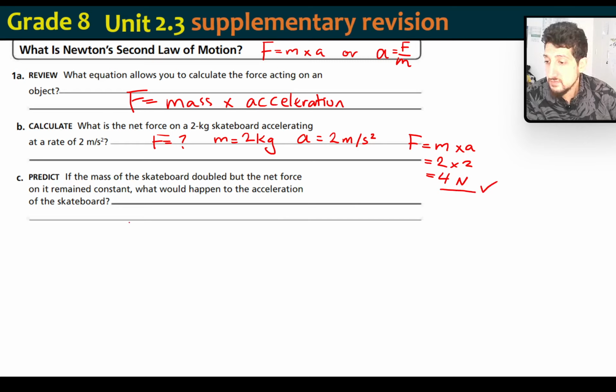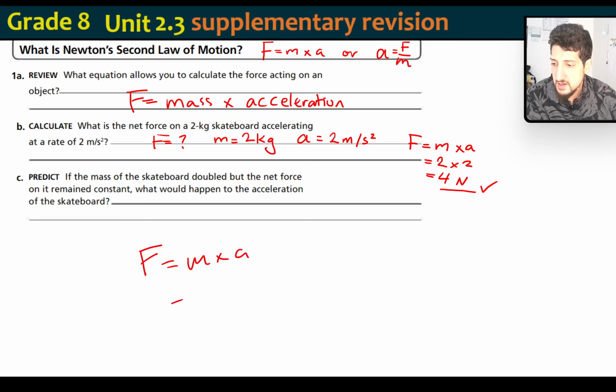Okay. And finally, if the mass of a skateboard is doubled, what happens to the net force? Well, it's going to halve. Okay, but how do we know that? Well, let's take the example we did before. Force equals mass multiplied by acceleration. If we keep the force exactly the same as they told us, what happens to the acceleration of the skateboard?